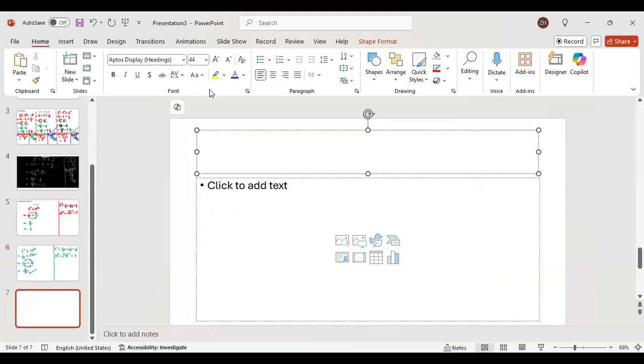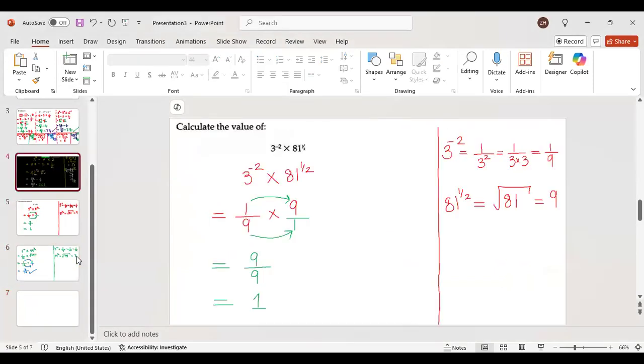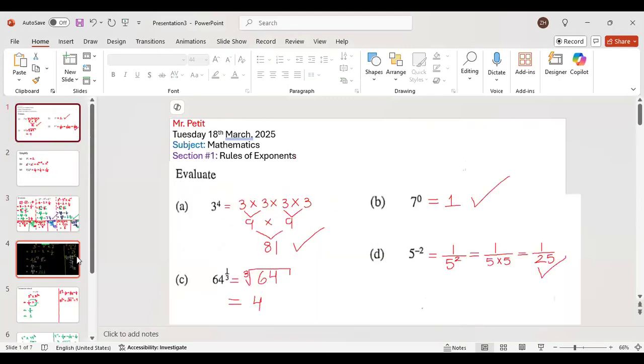Mr. Petit, I want a quiz for general science. Can you go back again so I can get a picture, please? Okay, no problem, I was going back. You mean the previous 2, right? The very first 2. So the very first 2 would be this one and this one.